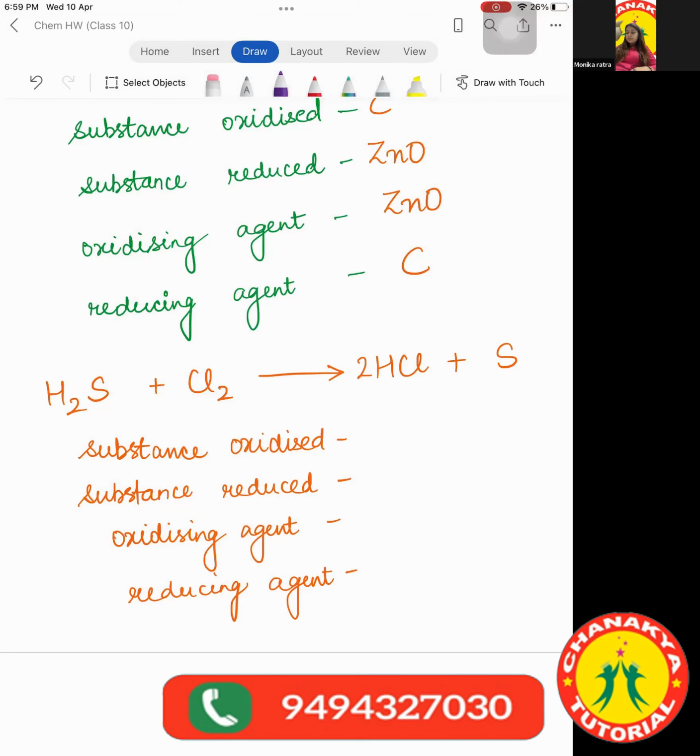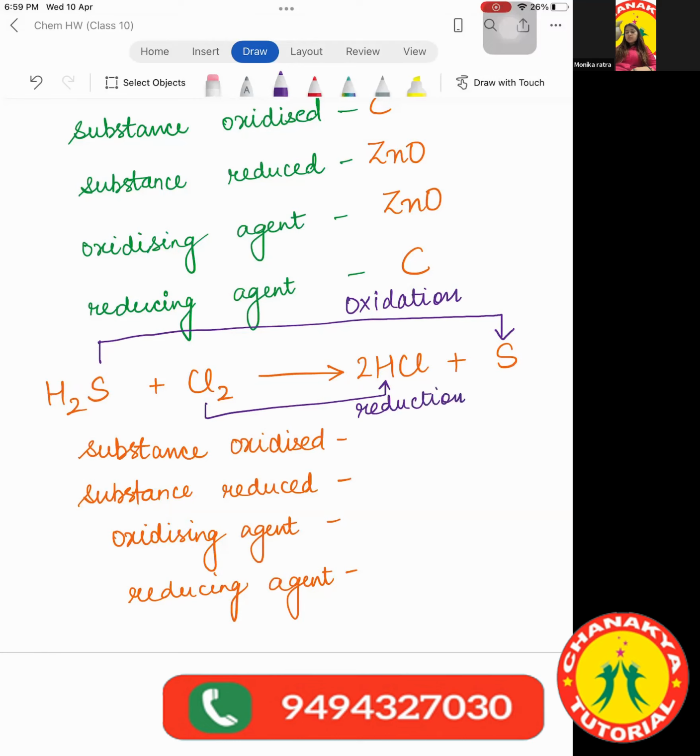Okay, Abhinav, tell me. H2S to S. The removal of hydrogen is happening, means it is oxidation. Whereas Cl2 to HCl, the addition of hydrogen is happening, so it is reduction.